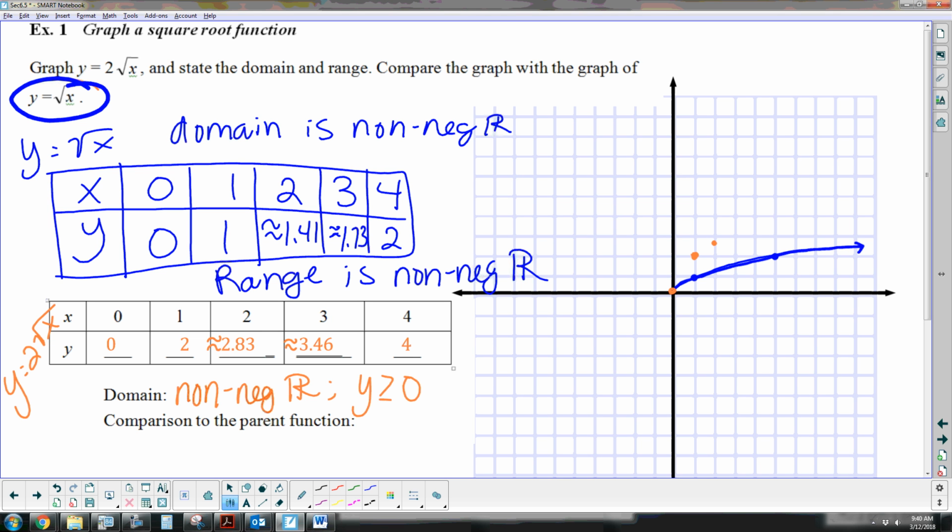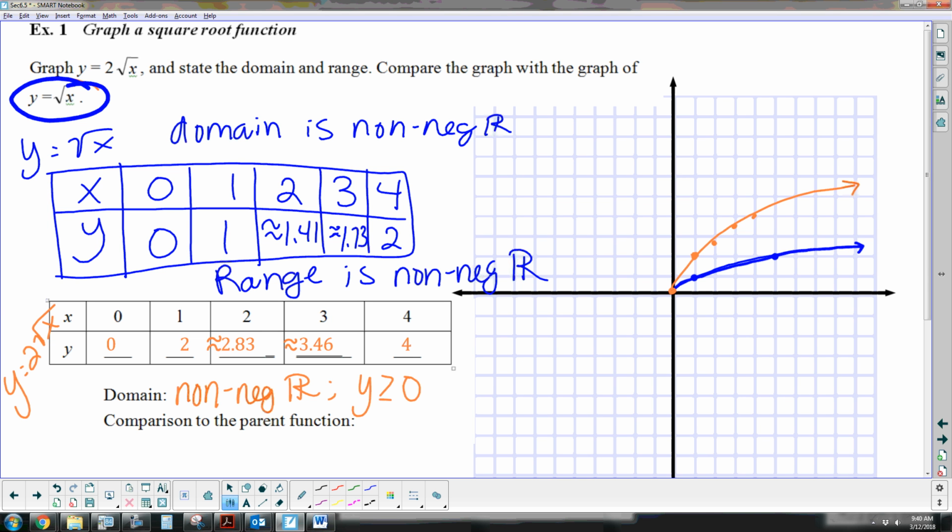And then 3 is approximately 3.46. And then 4 is 2 times 2, which is 4. So there's our graph for y equals 2 times the square root of x.